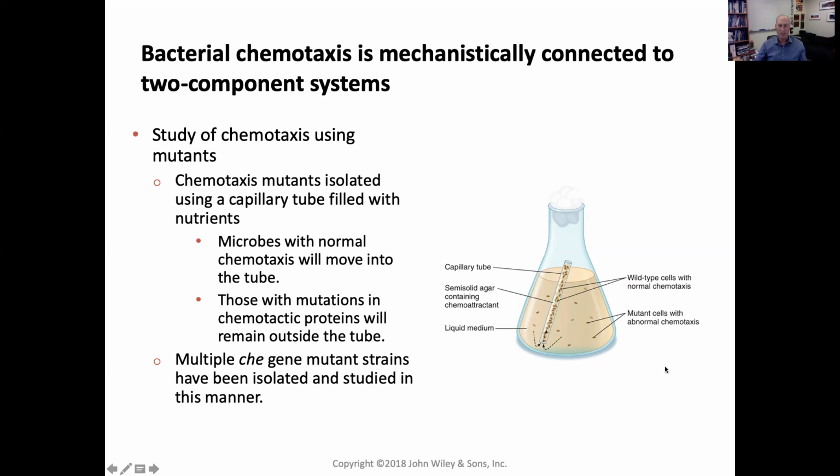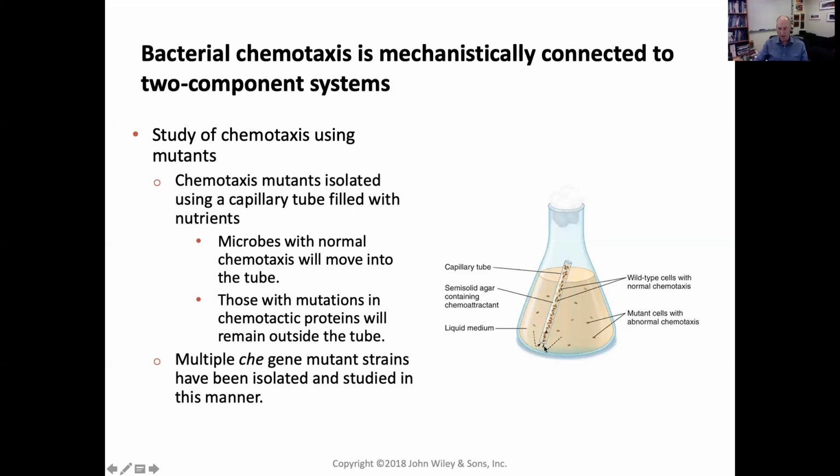This image is just to show you that there are ways we can assay that and that we can genetically manipulate that. Okay, so this is what's called a capillary assay. You put some molecule that you want cells to be attracted to at the end of this capillary, and then stick it into a test tube or a flask that has the bacteria in it, right?